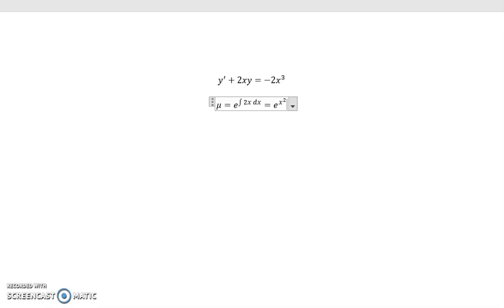Now, if we multiply this through our entire equation, I'm going to copy the equation. And then every term is going to get multiplied by this integrating factor. So e to the x squared there, e to the x squared there, and e to the x squared there.